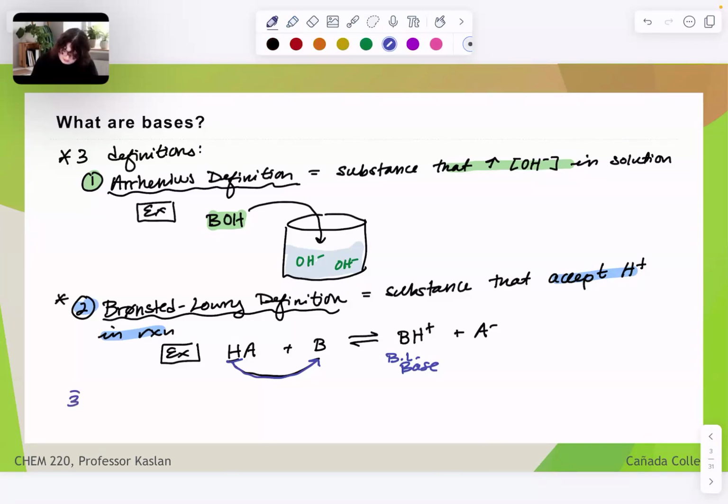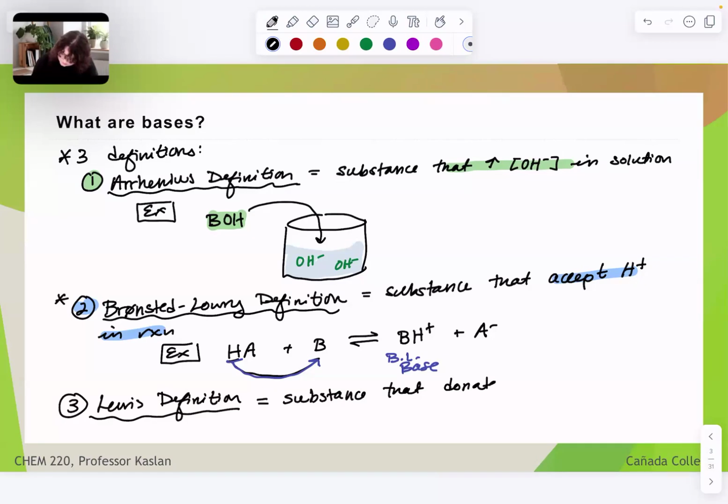And then lastly, we have our Lewis definition, which is, again, with regard to what's happening with our electrons. So the Lewis definition. This is a substance that is the source that donates an electron pair.